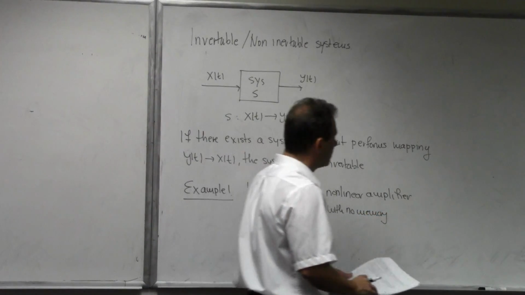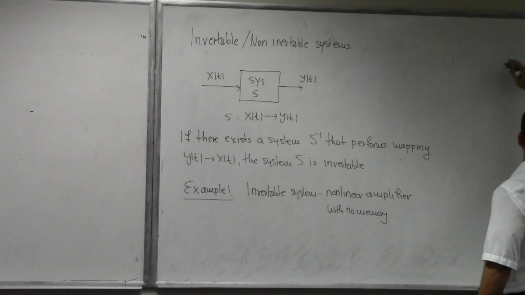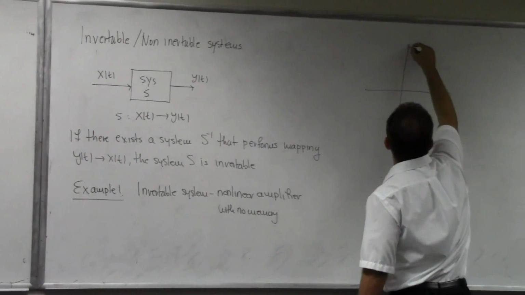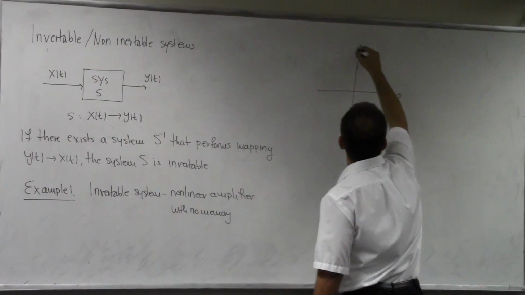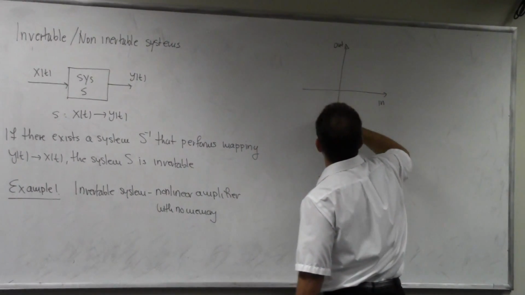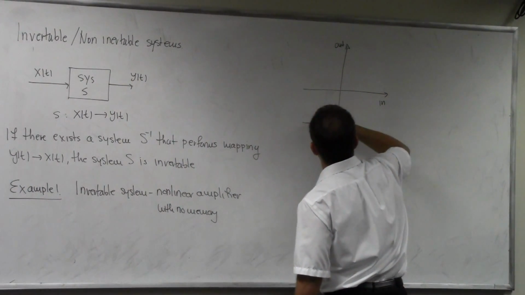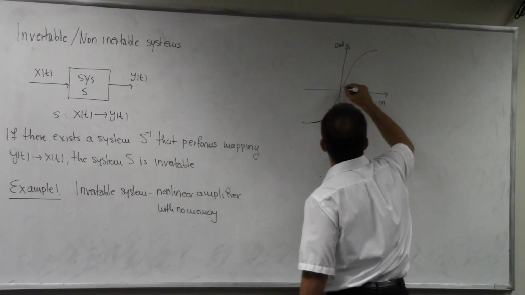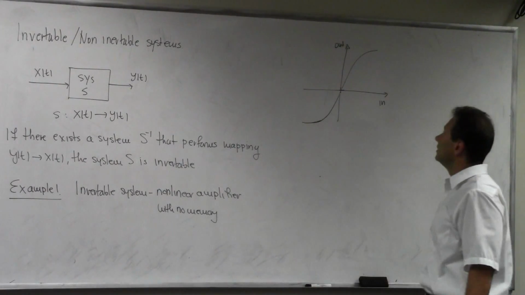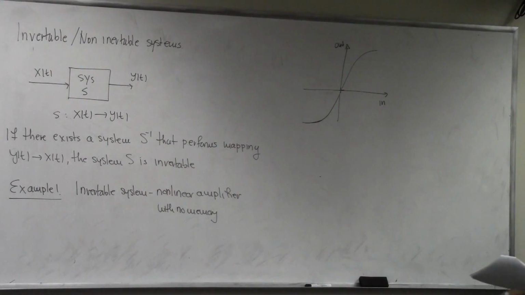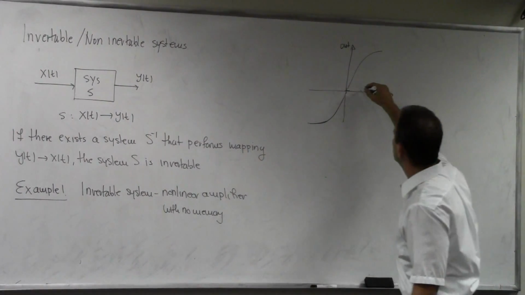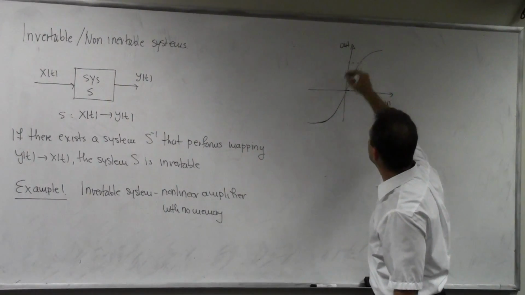So that amplifier will have input-output characteristics that look like this. This is your input, this is your output. Input-output is a nonlinear function of the input, but there is no memory to it. It is instantaneous. If I present this input here, this is what comes at the output.